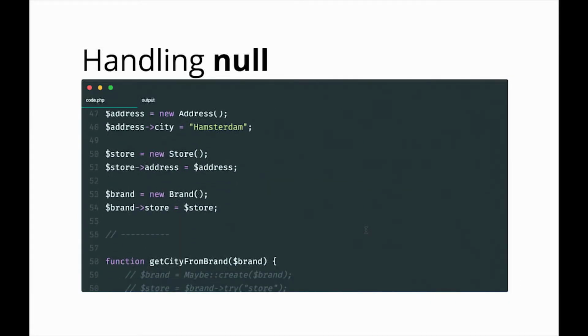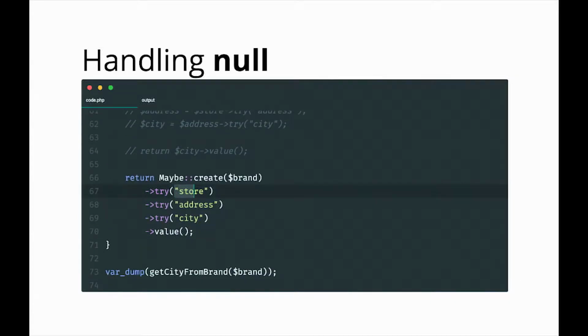So now, instead of calling try with a string, we'll call it with, I'm going to use short closures for this as well. Ask me about this afterwards if you're interested in how I do this, but it maps to ordinary PHP functions. OK, we are looking up brand store. And if we have a store, then what we want to do is return the store address.